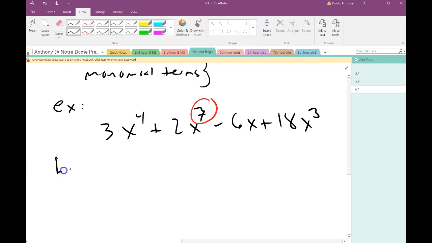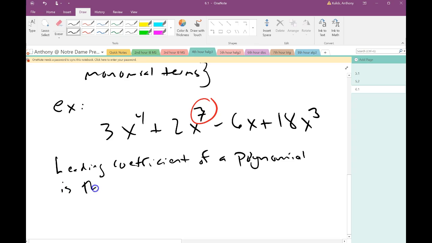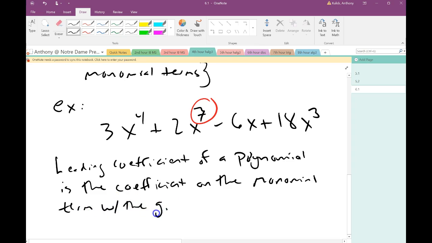Also worth mentioning is the leading coefficient. The leading coefficient of a polynomial is the coefficient on the monomial term with the greatest degree.